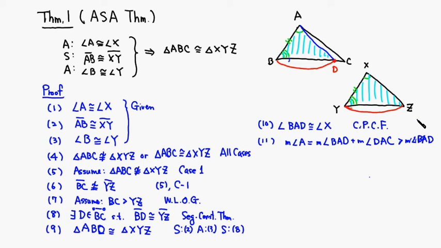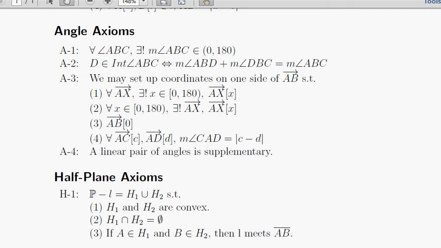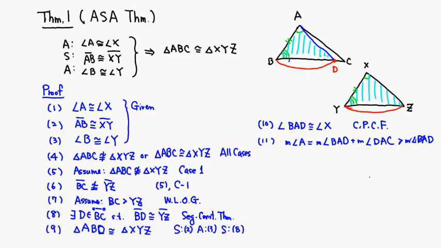Let's look at the angle axiom here. A1 says that angle measure is always strictly between 0 and 180. It cannot be 0, cannot be 180, so it's always positive. Since this angle is always positive, if you take that away, the measure of angle BAD is strictly smaller than this.